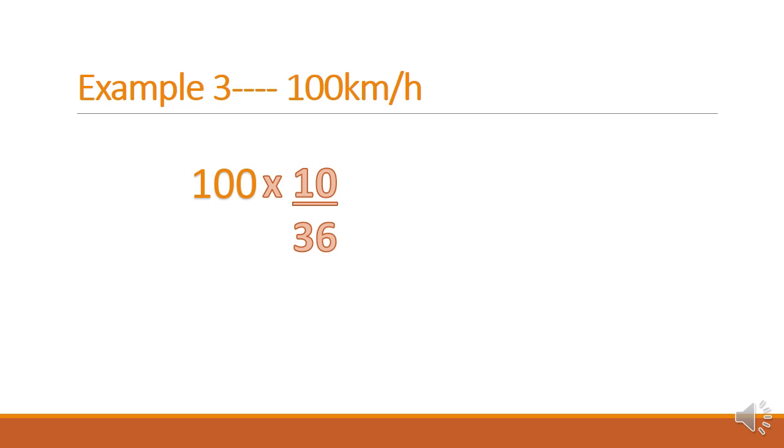Here the cancellation is not directly possible, so when you cancel it with 2 and perform further calculations, you will ultimately get 27.7 meter per second. Once the whole quantity of speed is converted into meter per second, only then can we use it in our numericals. So remember that we need to convert it before we proceed further.